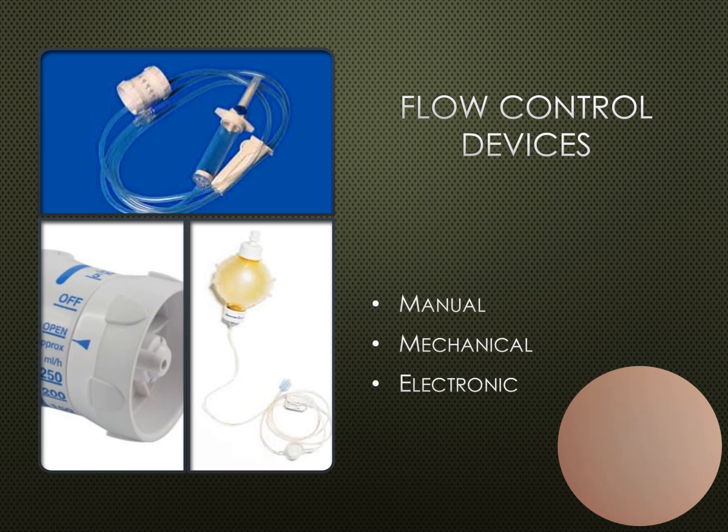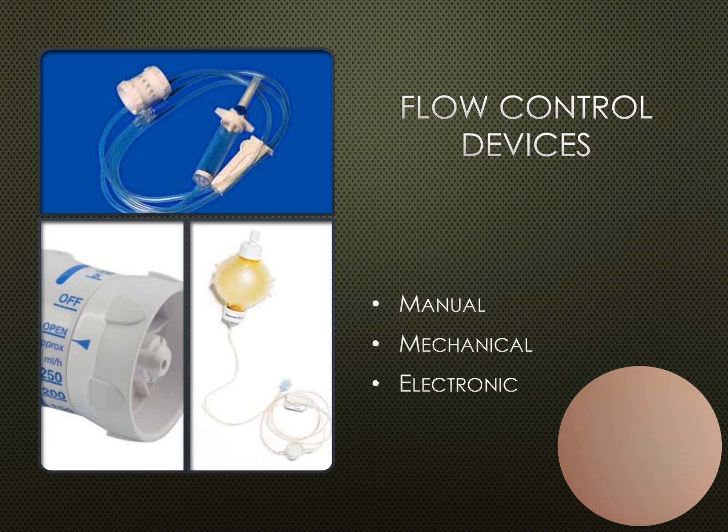Electronic pumps do have alarms for air in the line or occlusion or completion of the infusion or a low battery. It is very important for nurses to be familiar with the function of the pumps that each facility has available. What's most important to remember, though, is even when we have that electronic infusion pump, we still have to monitor the client's IV site and the infusion rate.